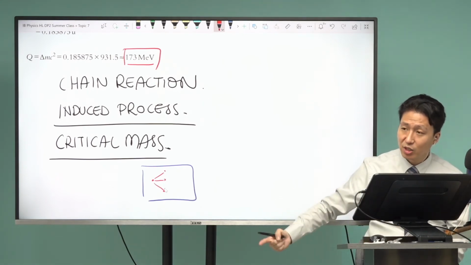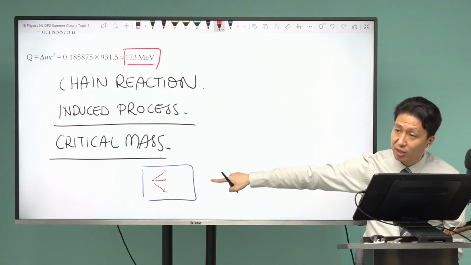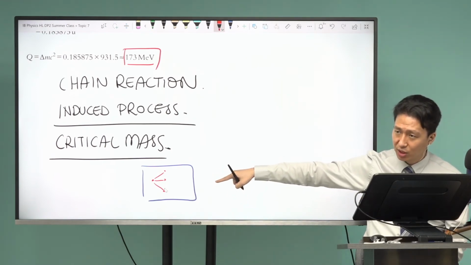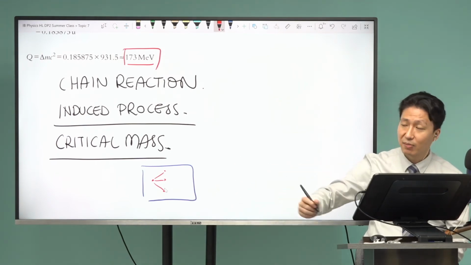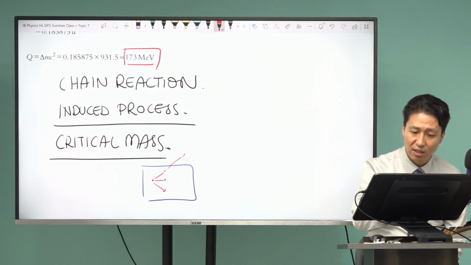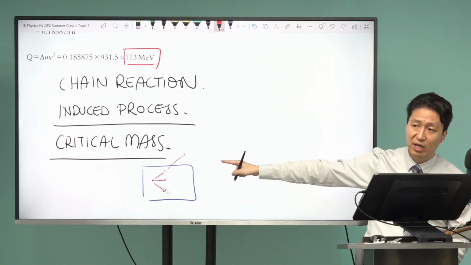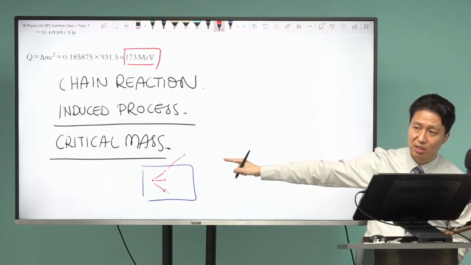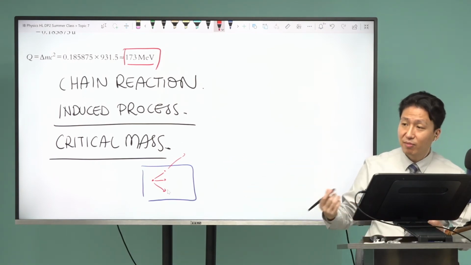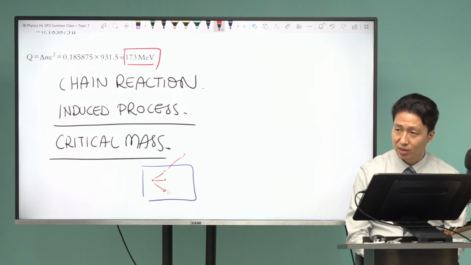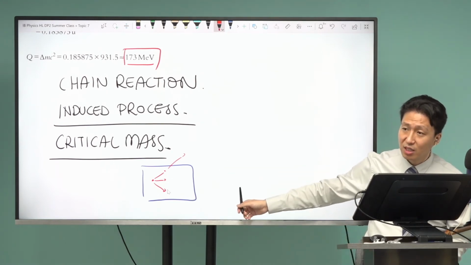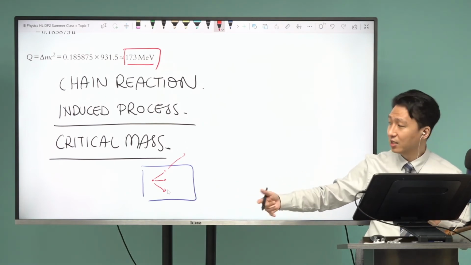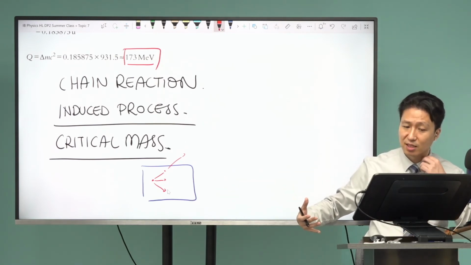To keep the reaction going, at least one of these neutrons has to be absorbed, right? Because it's not guaranteed. These neutrons can just escape as well. If they escape, you do not continue this reaction. And there's a probability of it being absorbed. If you have more uranium around it, it means there's more chance that this will be absorbed, and this means that the reaction can continue.